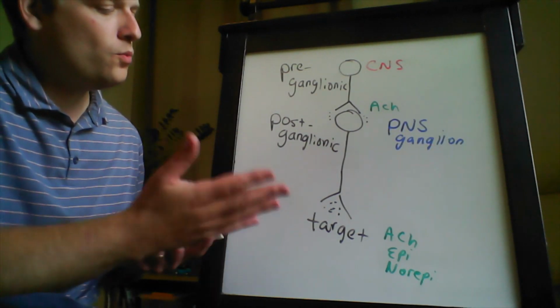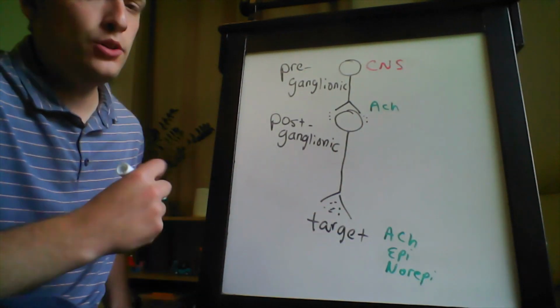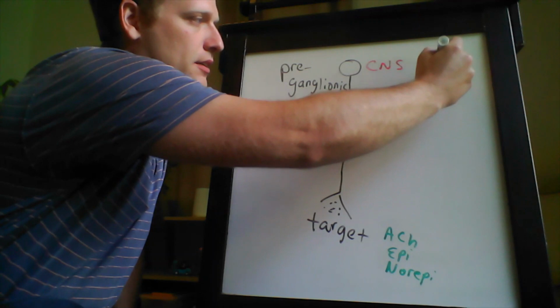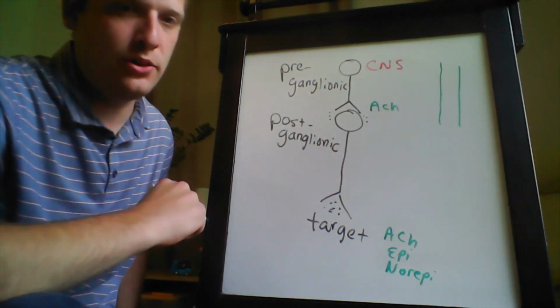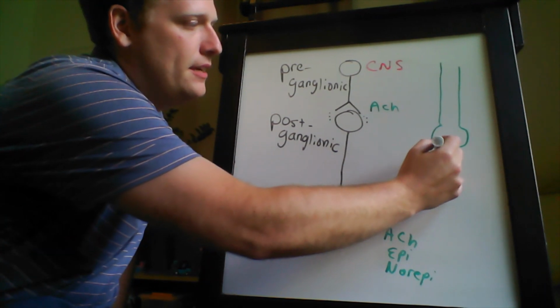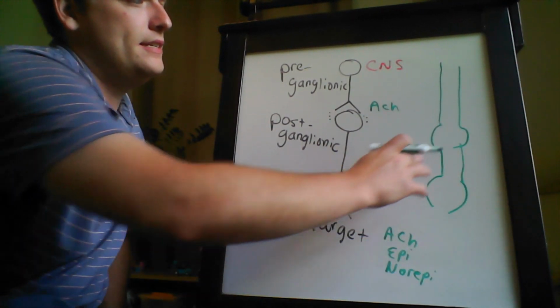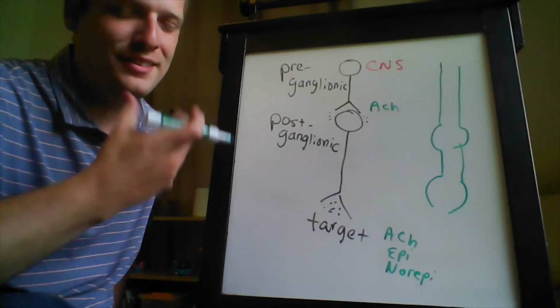But so what is a ganglia again? What is a ganglion? So if you look at a nerve, say a nerve is a bundle of neurons. Along that nerve, you're going to see little bunches, where the nerve itself gets fatter.